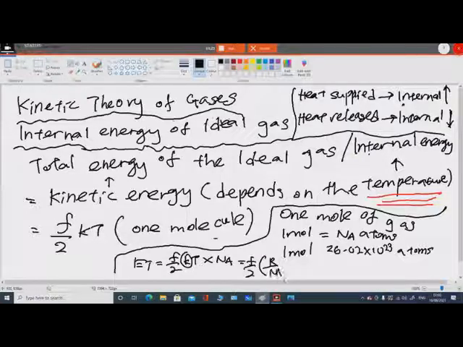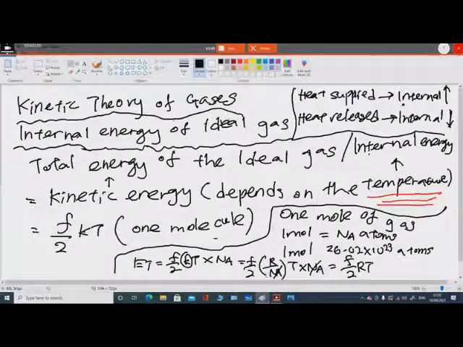So R over Na times T times Na, and the Na can be cancelled. So the total energy, or the internal energy, for 1 mole of gas equals F over 2 RT.